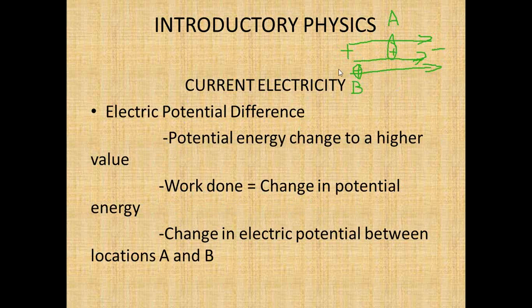Similarly, right here, the closer it is to the high potential terminal, the more electric potential it has. So electric potential difference is the potential energy change to a higher value from, say, A to B. Work has to be done, so the work that is done is equal to the change in potential energy from position A to position B. So it is the change in the electric potential energy between the two locations.